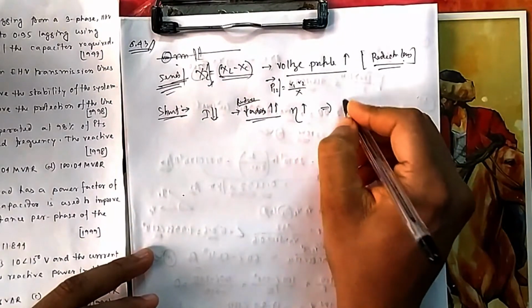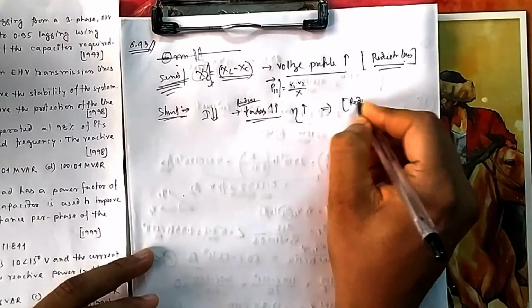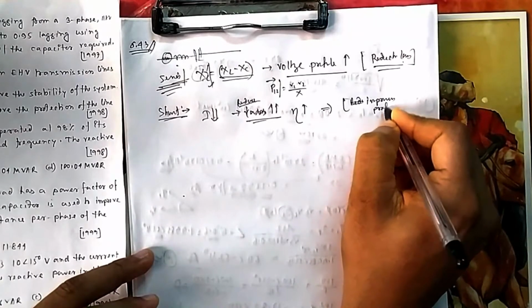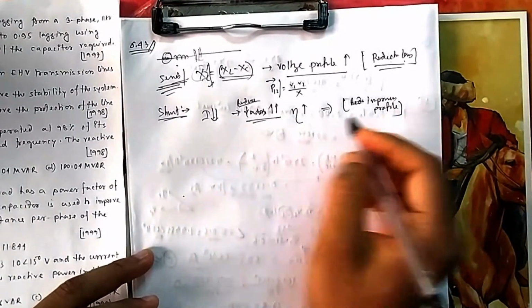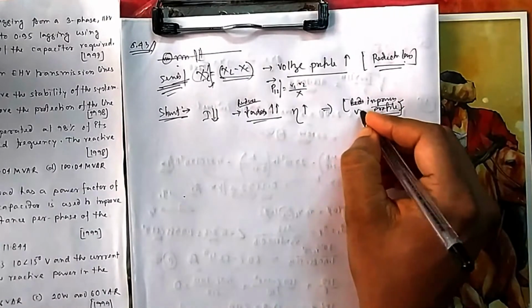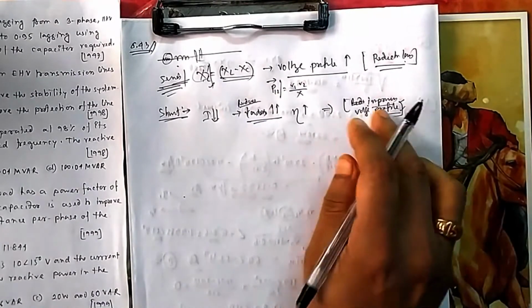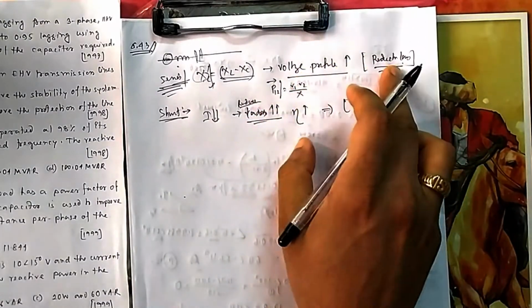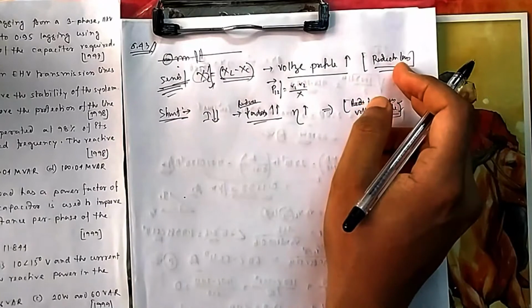It will also improve the voltage profile a little bit, but the main job is to reduce the loss, and that is a side effect. Here in series, the main purpose is to improve voltage profile, but you will also get loss reduction.